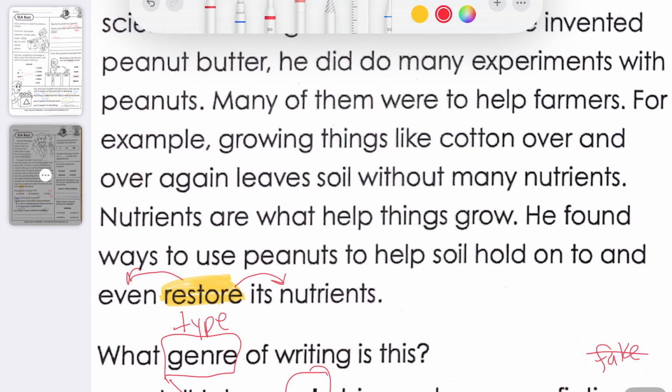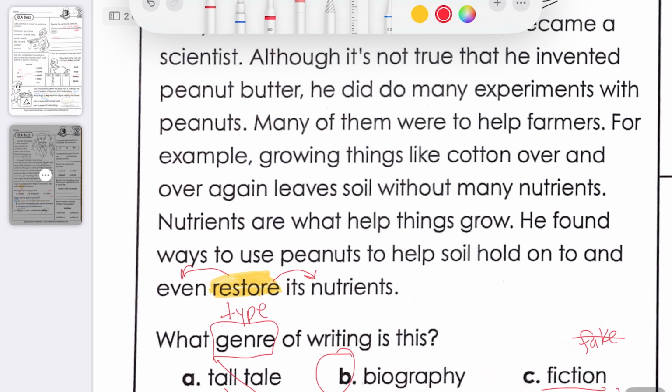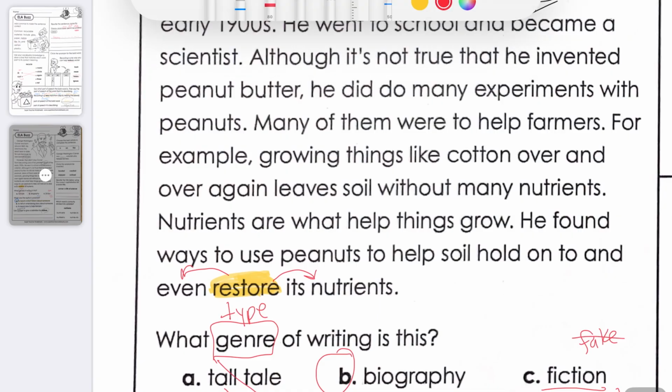Many of them were to help farmers, so these experiments. For example, growing things like cotton over and over again leaves soil without many nutrients. So when farmers would grow cotton, the soil didn't have many nutrients that it needed to grow. Nutrients are what helps things grow. He found ways to use peanuts to help soil hold on to what?